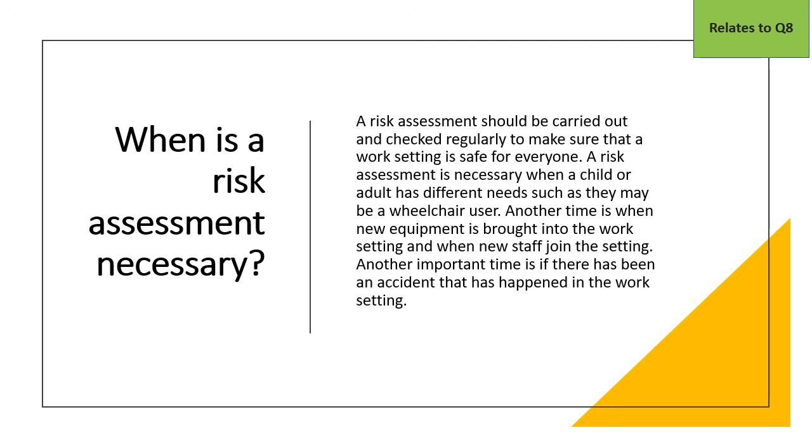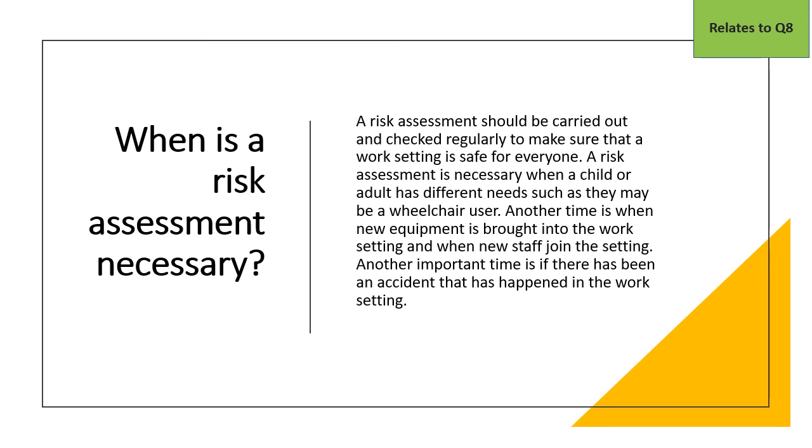A risk assessment should be carried out and checked regularly to make sure that a work setting is safe for everyone. A risk assessment is necessary when a child or adult has different needs, such as being a wheelchair user. Another time is when new equipment is brought into the work setting, and when new staff join the setting. Another important time is if an accident has happened in the work setting.